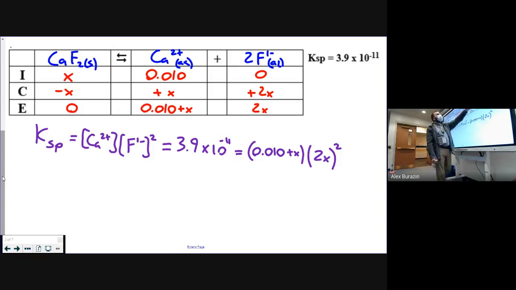But in order to reach equilibrium, we need way more reactant than we do product. Way more reactant than we do product. So how far right are we actually going to shift? Like a tiny, teeny amount. So small that this will not mathematically affect that. So what does that mean? We're going to ignore the plus x. Now, that feels like it should not be allowed.